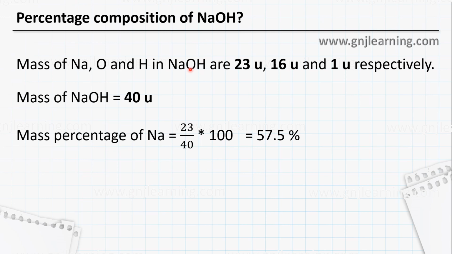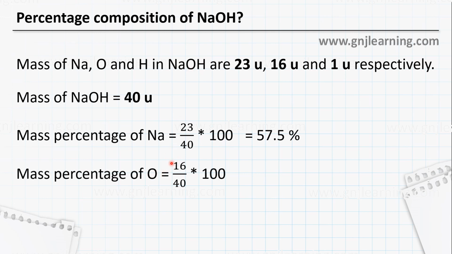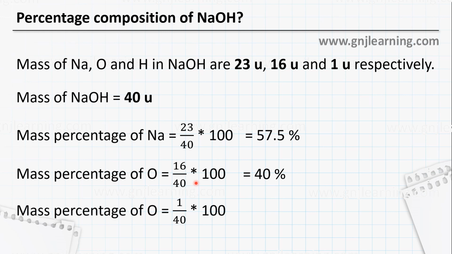Similarly, you can calculate the mass percentage of oxygen. Again applying the formula: mass percentage of oxygen, that is mass of that atom in the compound. You have only one oxygen atom, so it is 16 u, divided by mass of NaOH, that is 40 u, into 100. So you will get 40%. So similarly for hydrogen, instead of O, it is hydrogen.